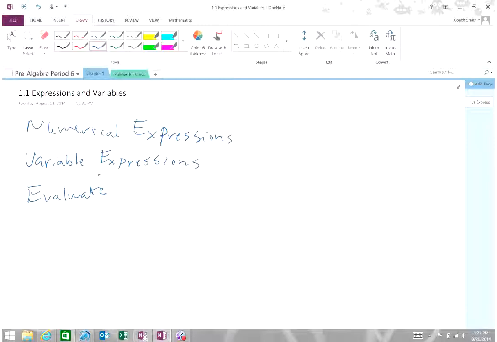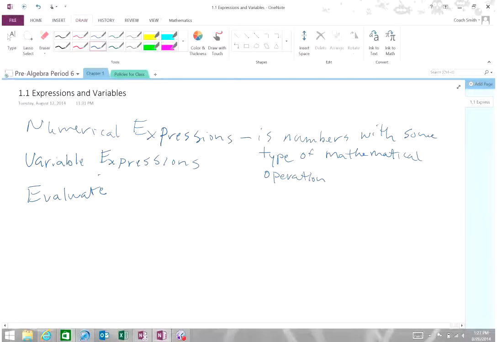So we've had these before. We've had the definitions before, okay, but we're obviously going to re-emphasize them here. Okay, a numerical expression is numbers with some type of mathematical operation.